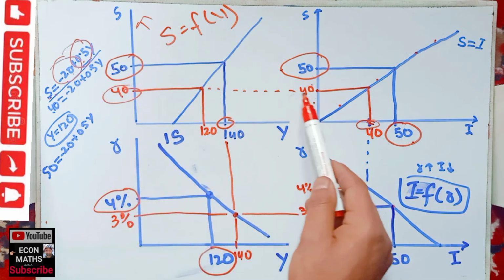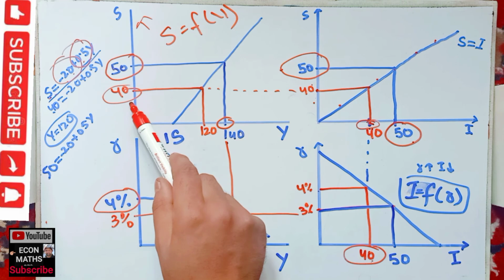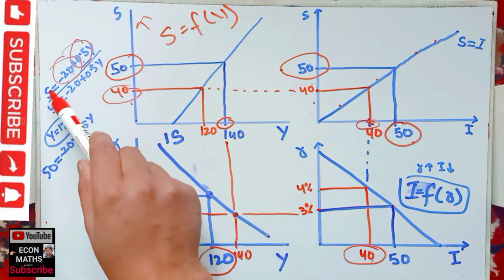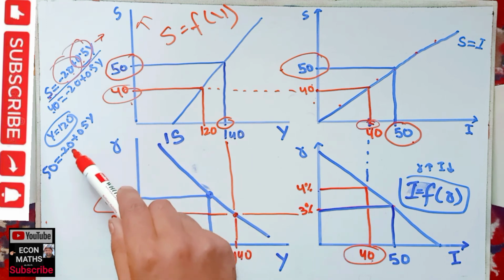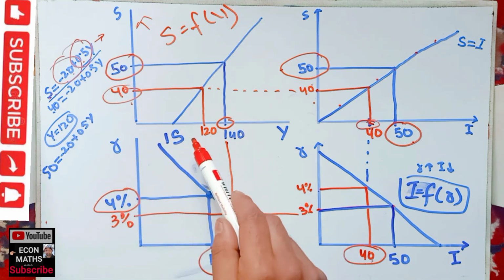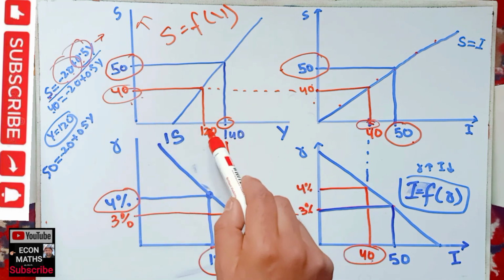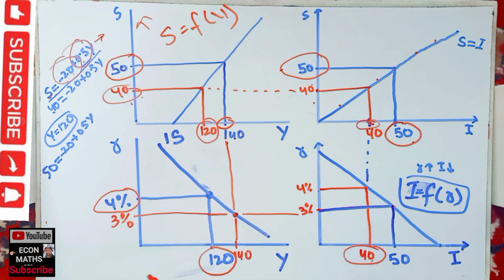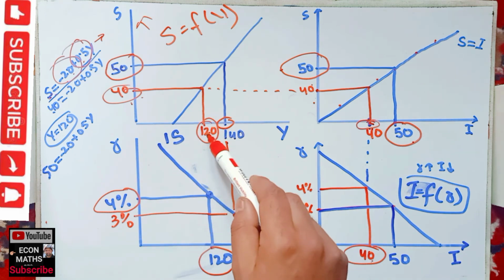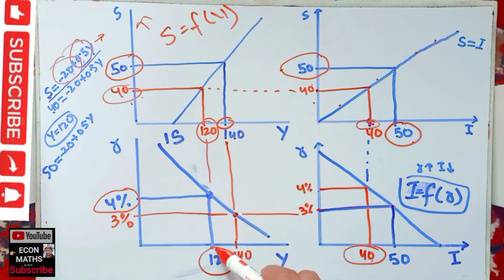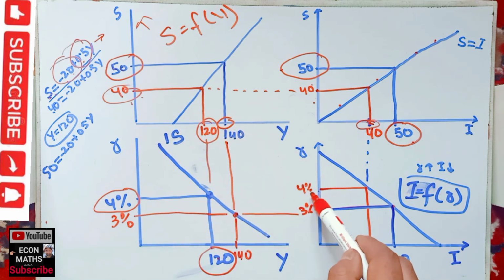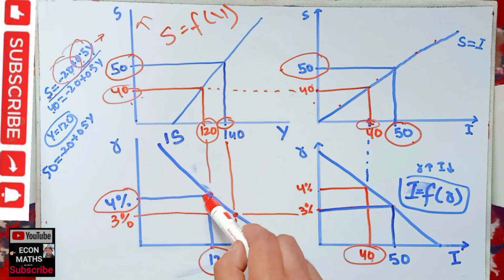Now when will savings be equal to 40? We take S equal to 40 in this equation and we get the value of Y equal to 120. That means to have savings of 40, our income should be equal to 120. We take this 120 on this axis, and with this rate of interest, we get this very point.